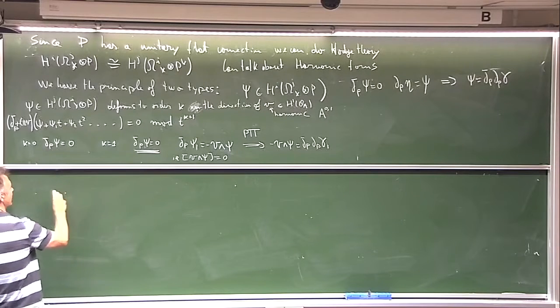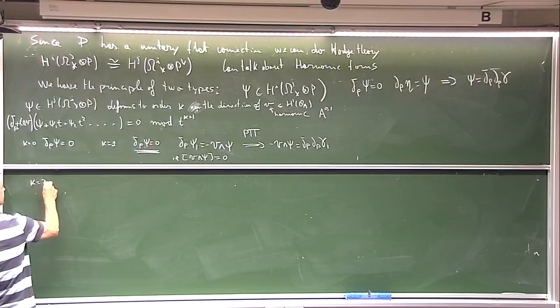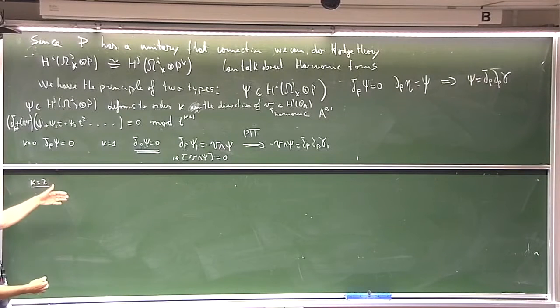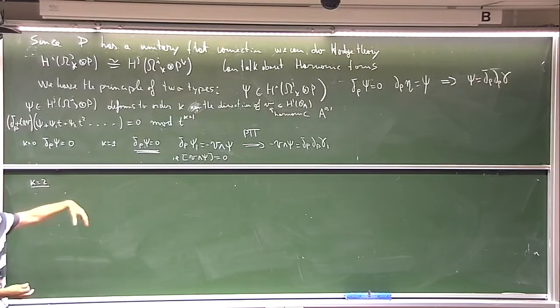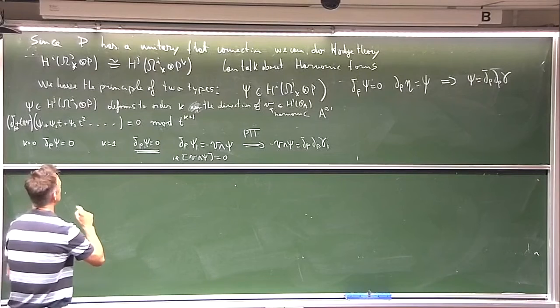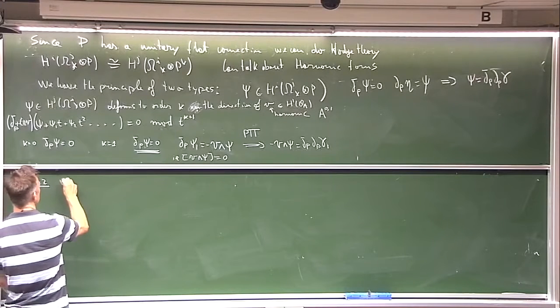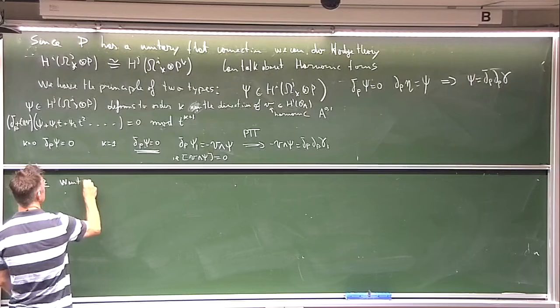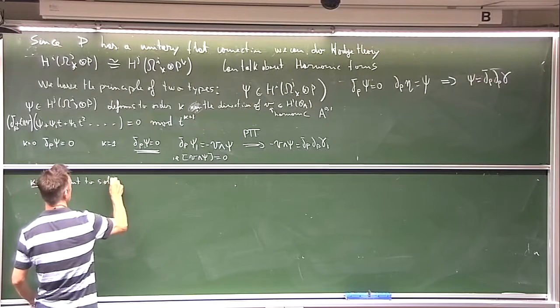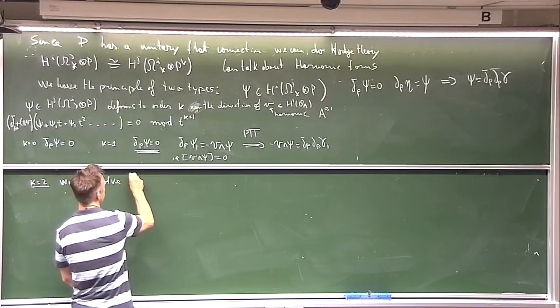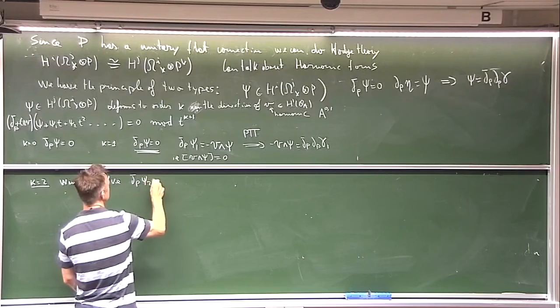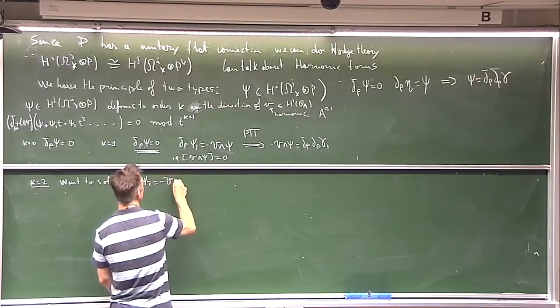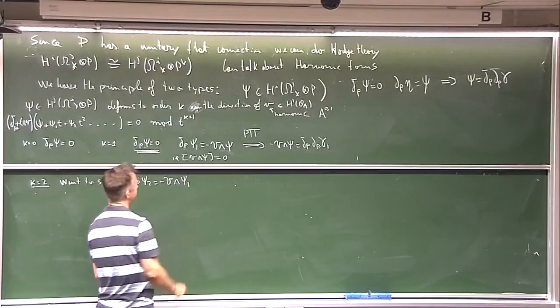So now I want to show that we can deform to second order. If I end up with a similar thing, then we will know how induction works. So to deform to second order, what I want to solve is del bar del psi 2 equals minus v wedge psi 1.